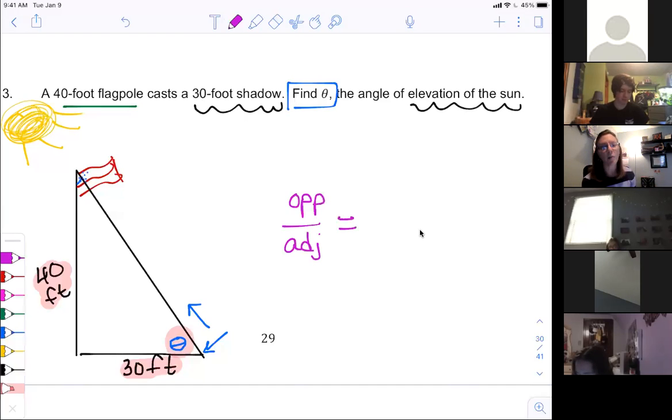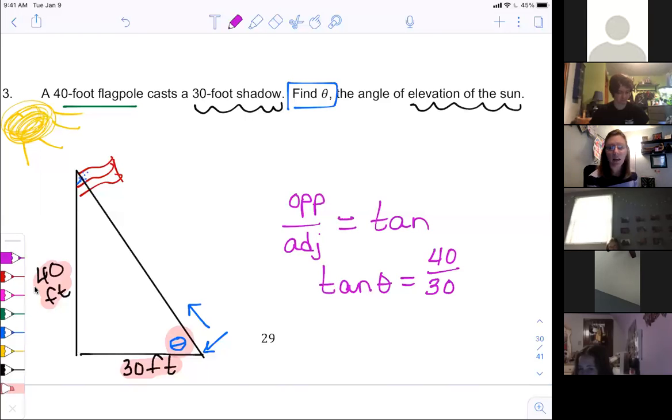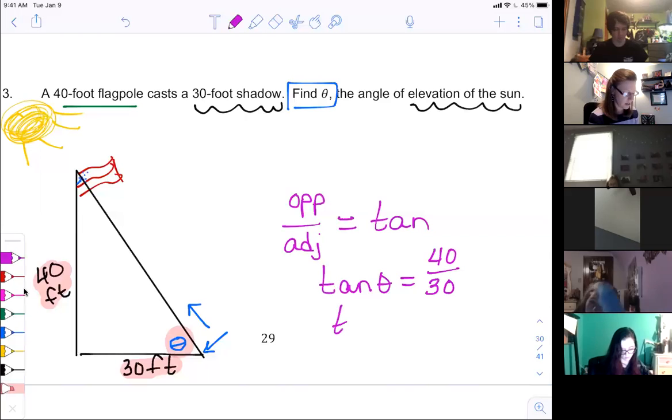Peter, if you have the opposite and adjacent, what trig function is that? That would be the tangent. So if I take the tangent of my angle and set that equal to the opposite and the adjacent side, we now have a proportion. The tangent of our angle is equal to, I'm going to cancel out the zeros because they both have a 0, 4 over 3.